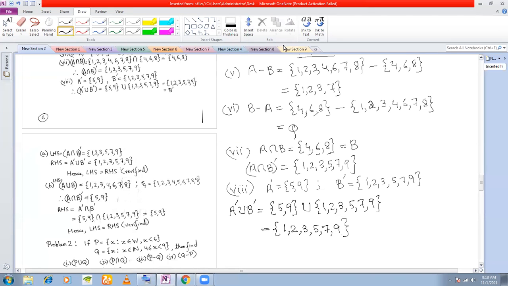So this is A complement union B complement. Very interestingly, you see that it is equal to A intersection B complement. If you remember, what was this law called?